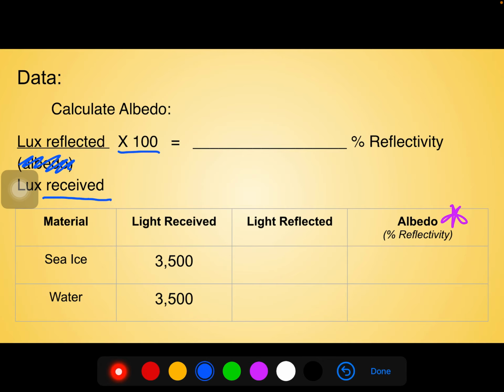So you're looking at your data table right now, and you'll notice that all the light received is already set up for you at 3,500 lux. That's just an average amount of solar energy coming to the Earth every day. So every single surface is getting exposed to the same amount of light coming at it. What we want to take a measurement of is how much is being reflected.